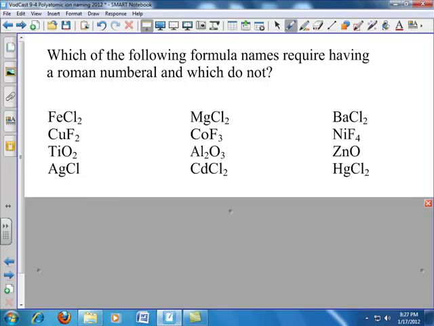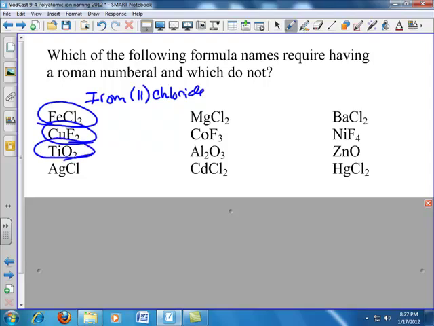So, some of the ones that you should have written down would be FeCl2, okay? That would be iron 2 chloride. CuF2 would be copper 2 fluoride. TiO2 would be titanium 4 oxide, but not silver chloride, okay?